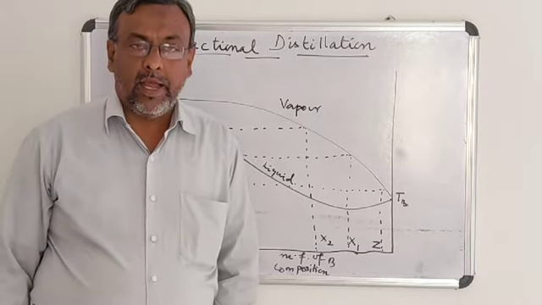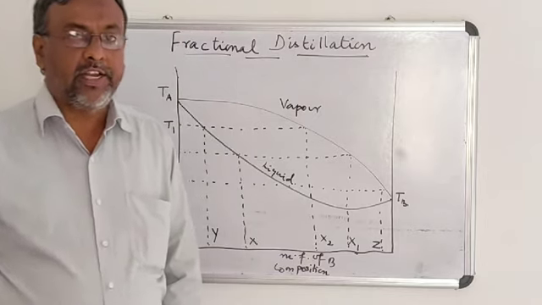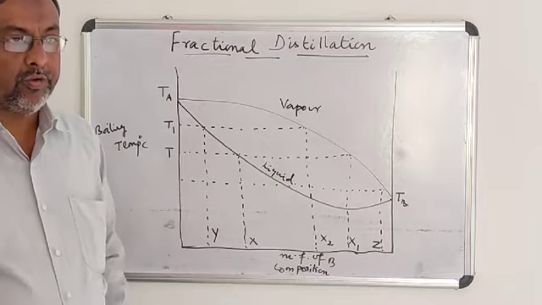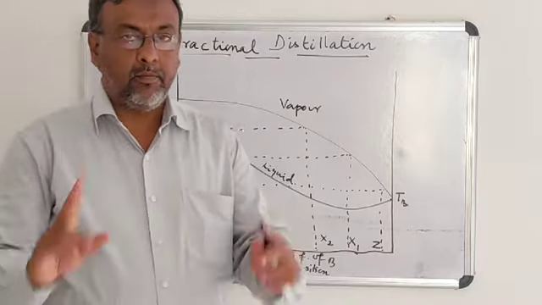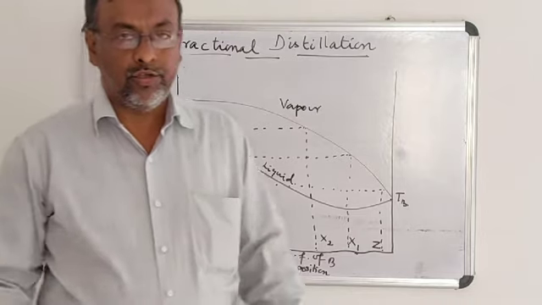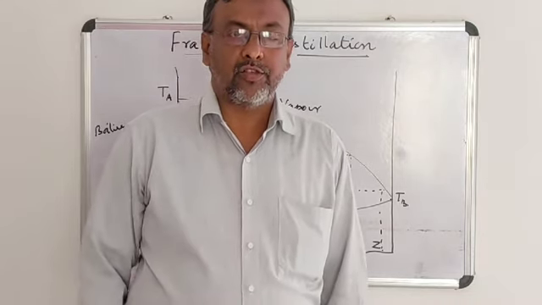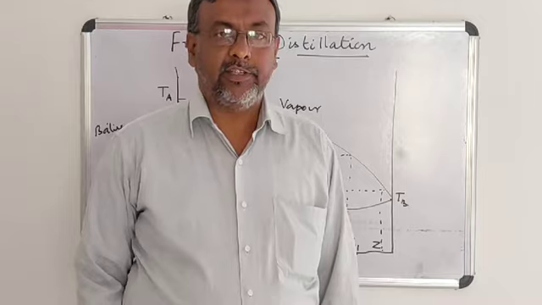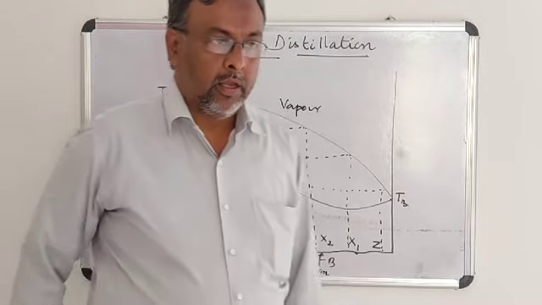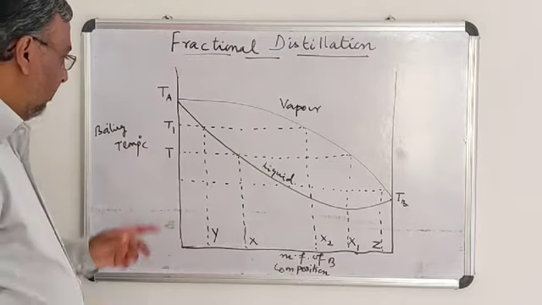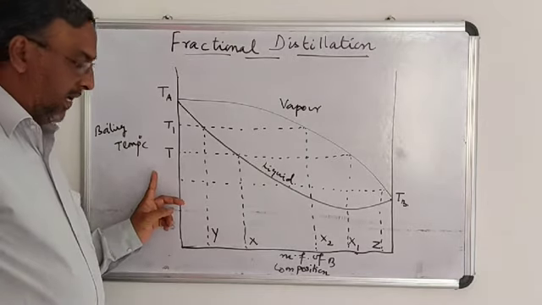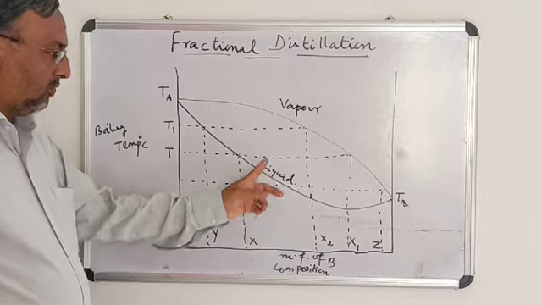In order to explain the fractional distillation process, two liquids having different boiling points are usually separated by a process called the fractional distillation process. Now, this can easily be explained by taking the boiling point temperature and composition curve of this type.